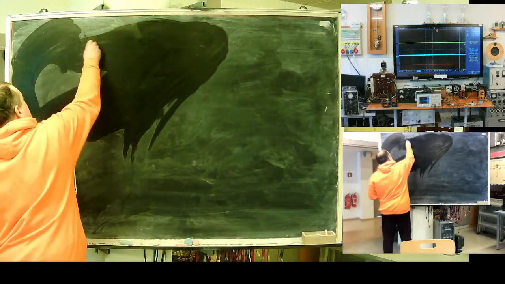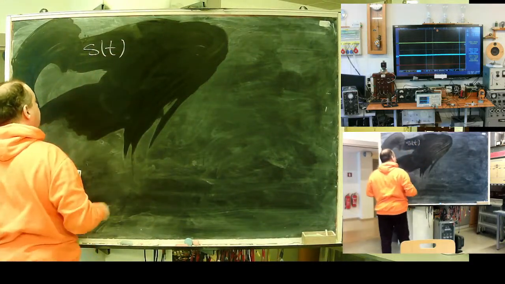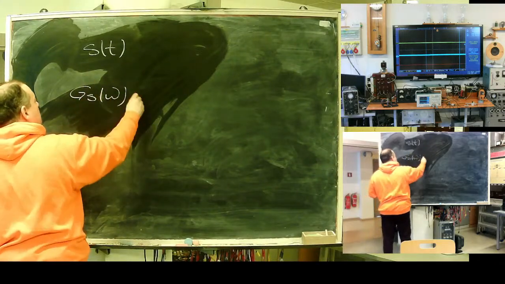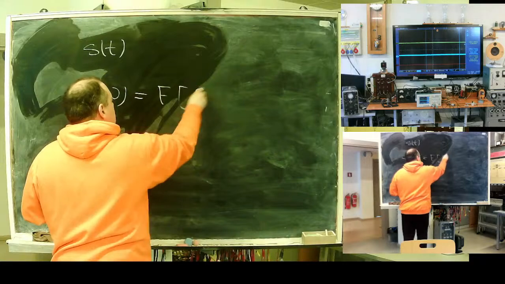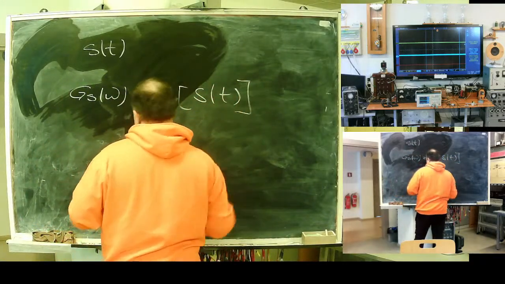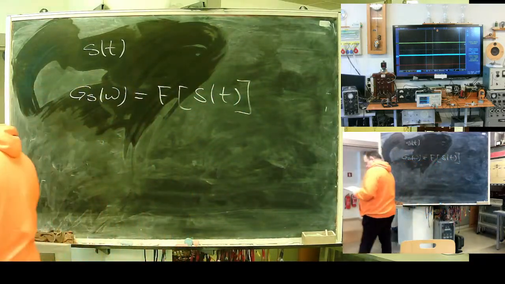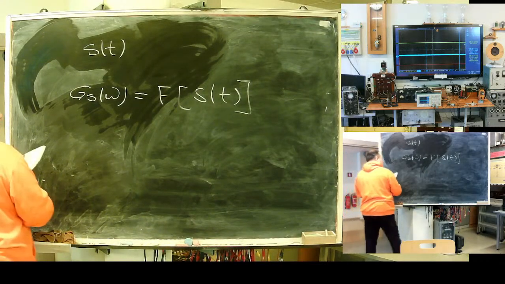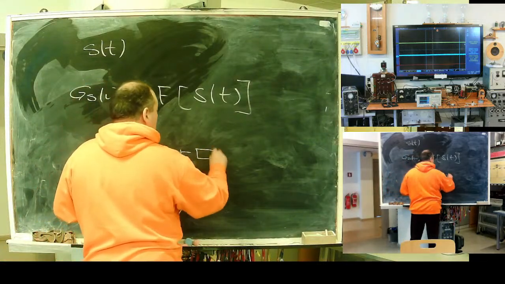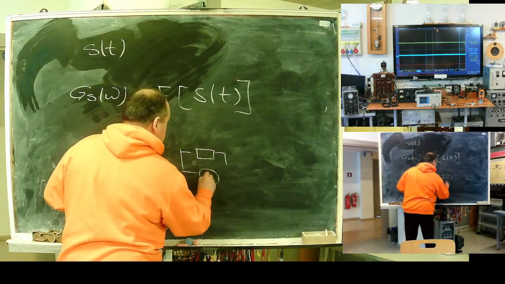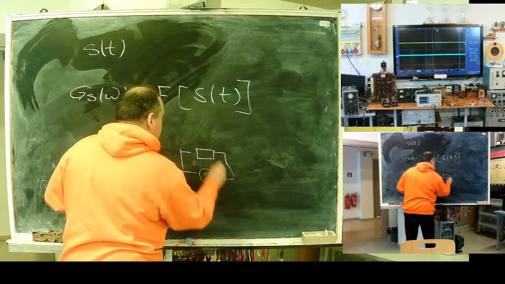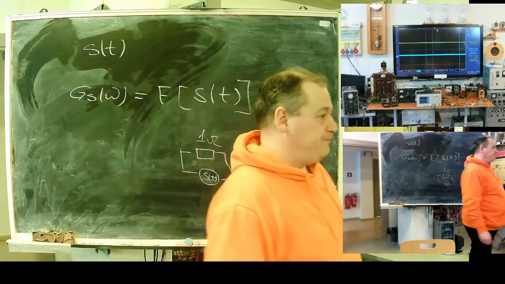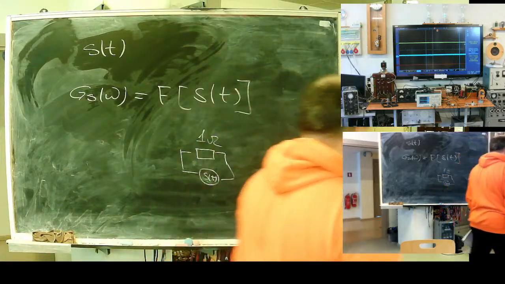Idea: let's say I have a signal and I can obtain its spectral function via the Fourier transform of the signal. Let's assume I'm loading my signal with 1 ohm resistance. Where is my 1 ohm?